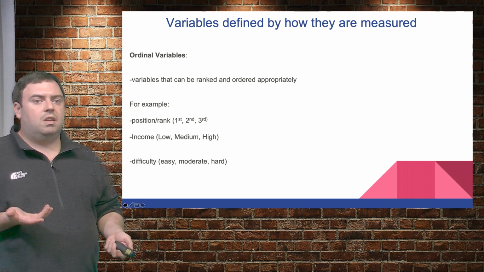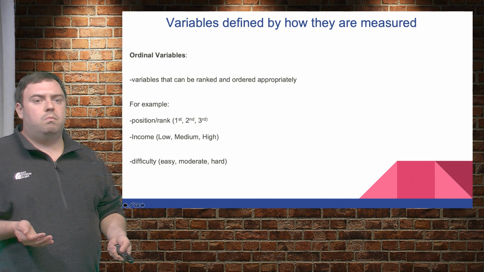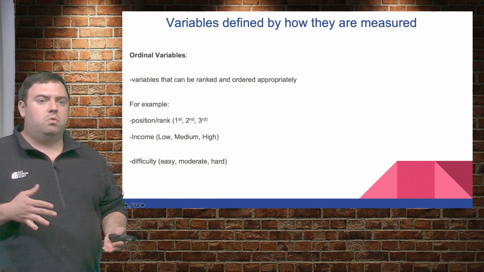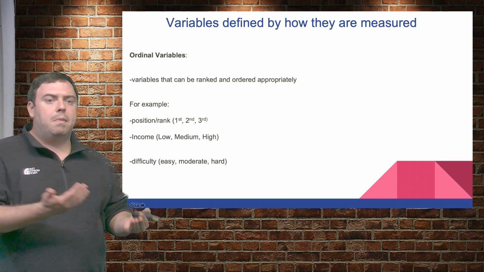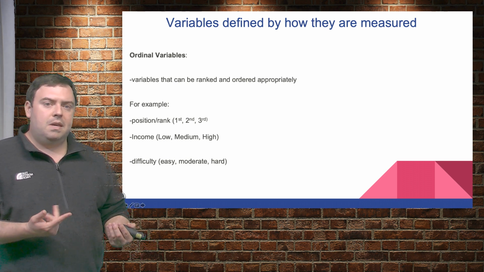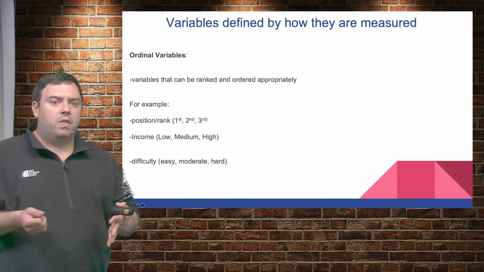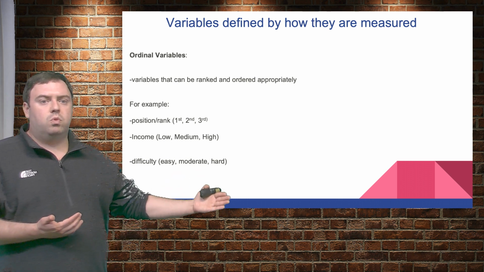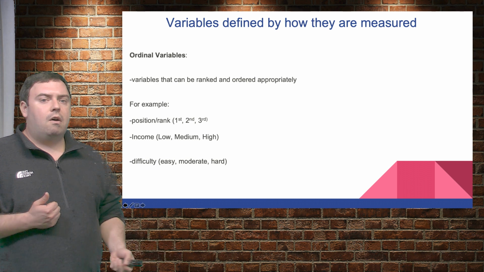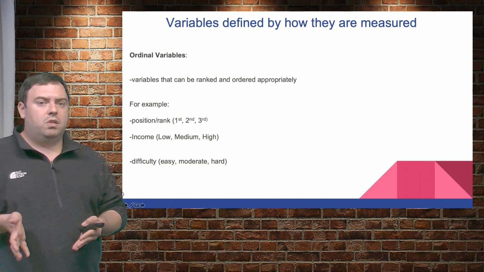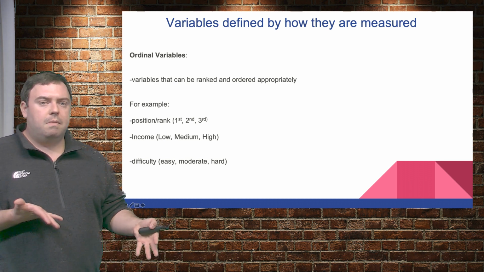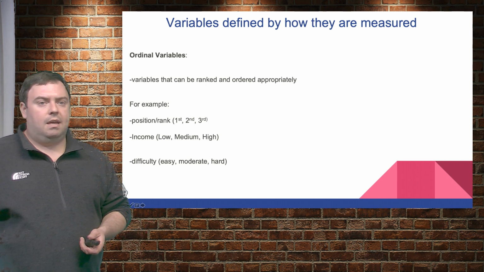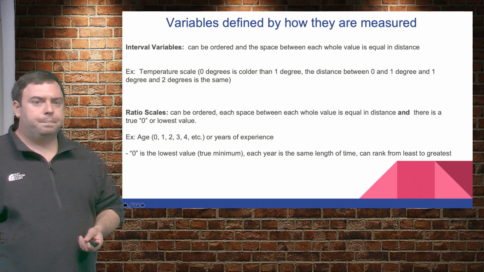We might not necessarily know the difference between something that's easy and something that's moderate in difficulty might be shorter or smaller than the difference between something that's moderate in difficulty and something that's really, really hard or difficult. However, even though the difference between the two values might not be uniform, we can still provide a rank from least to greatest.